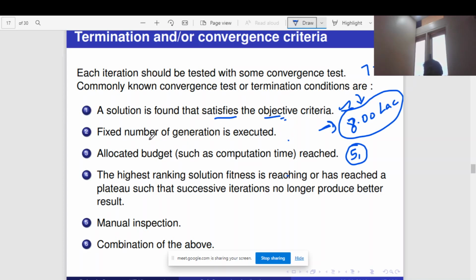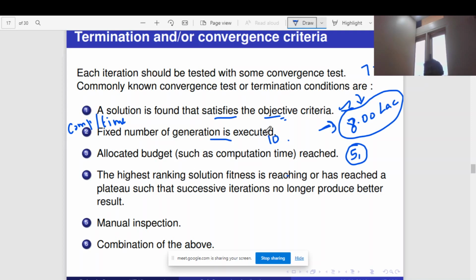Or in some cases, a fixed number of generations is executed. How many times? This is based on computational power. I have this much computational power and this much time, and my time is also limited. I cannot keep on doing the same thing. Say I can allocate a maximum of 10 days for this program to run.